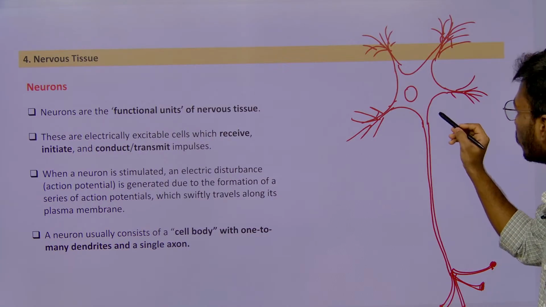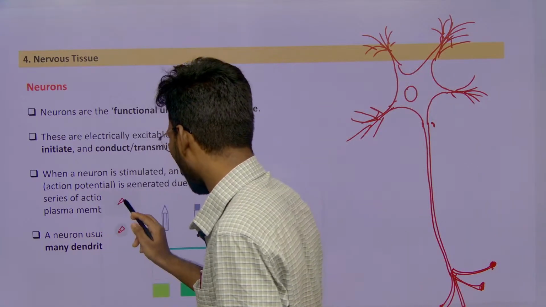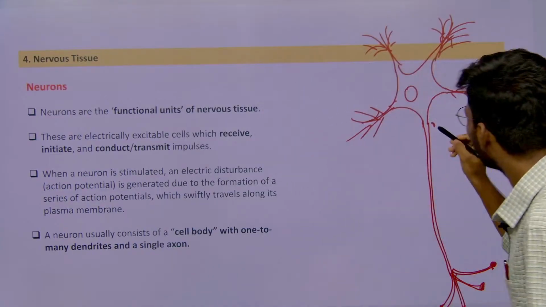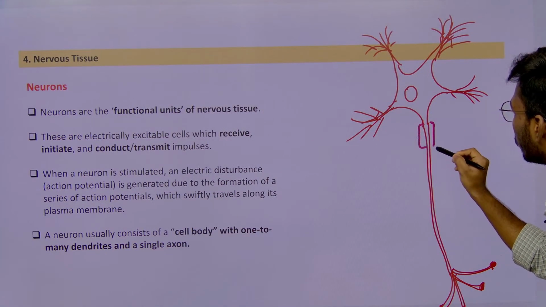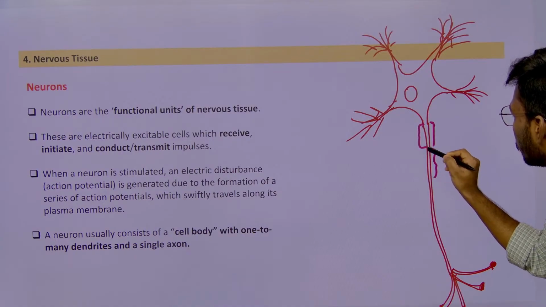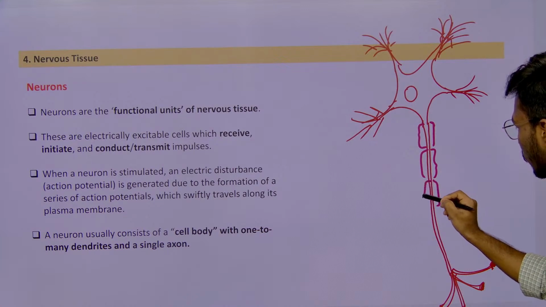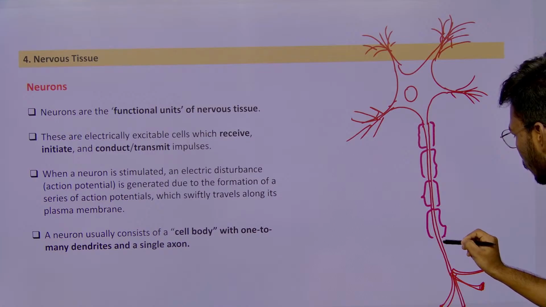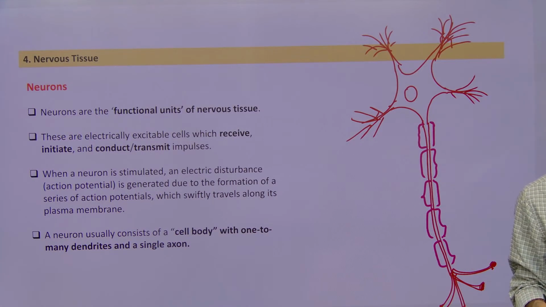On this, there are some kinds of cells. So the neuron looks like this.